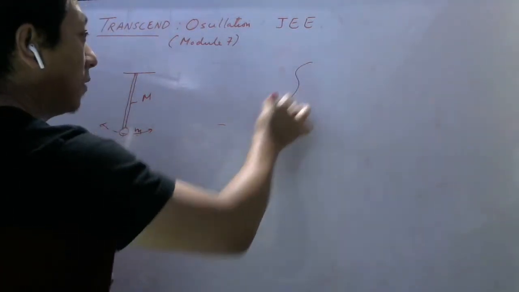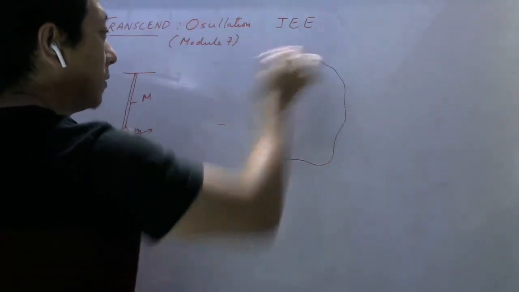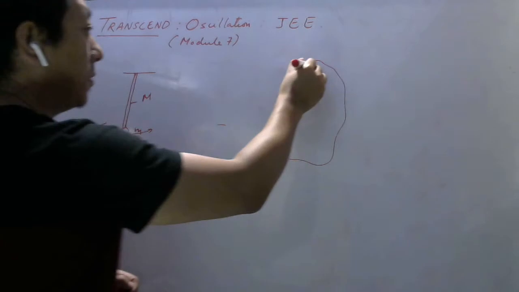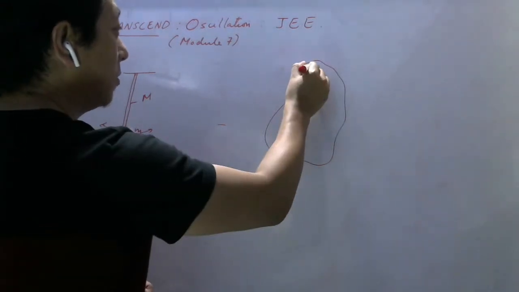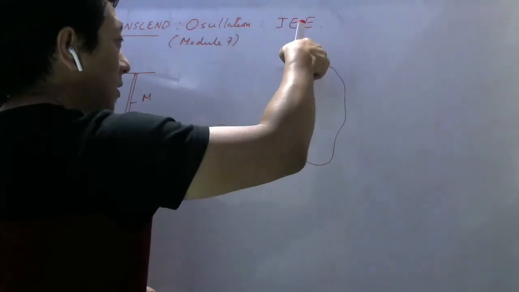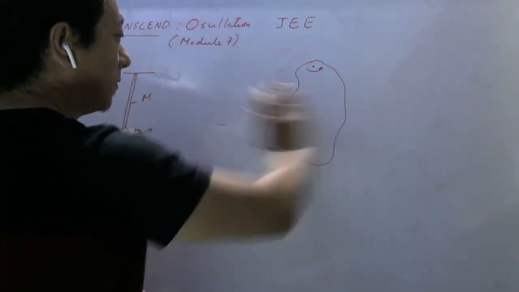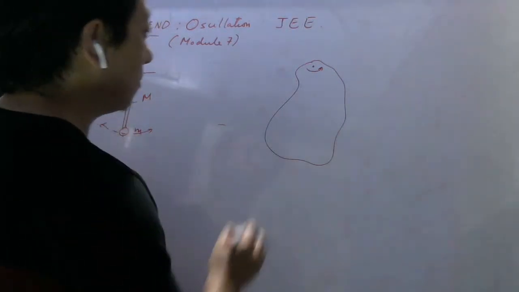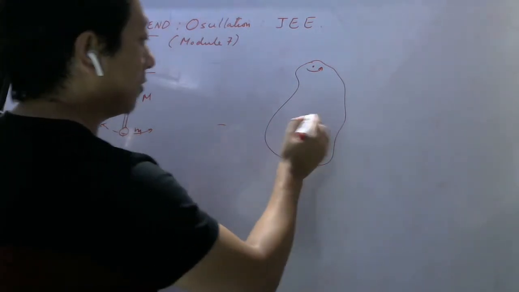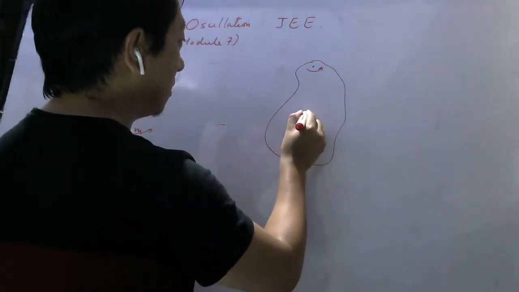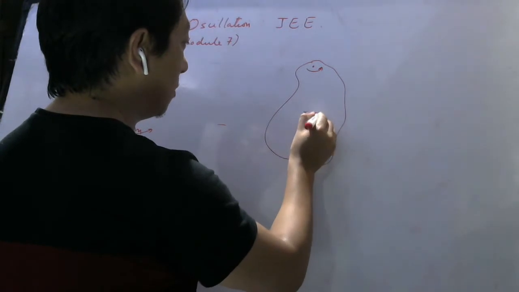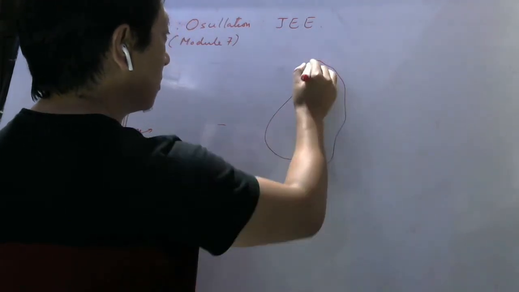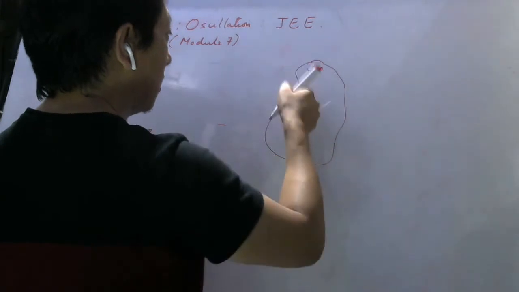If you have any rigid body which is pivoted here, and it is made to oscillate about an axis passing through the pivot like this, then the time period has to be found in what fashion? In equilibrium, the center of mass will be just below this pivot, because the normal force will be like this, mg will be like this.